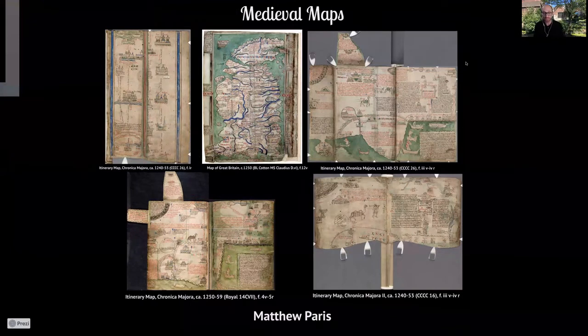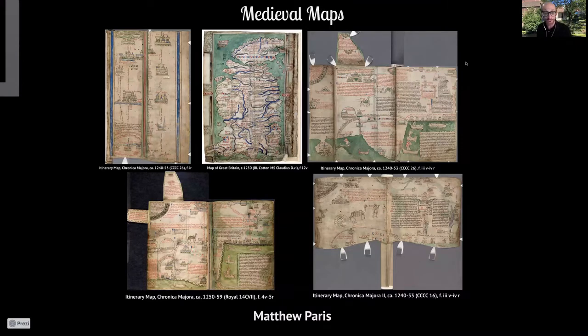Matthew Paris, for example, the 13th century polymath Benedictine monk of St. Albans, was one of the more prolific medieval map makers, and his works include 2 world maps and 1 map of Palestine, as well as 3 maps of the so-called Holy Land, 4 maps of Britain, and 4 sets of itinerary maps linking the two together.